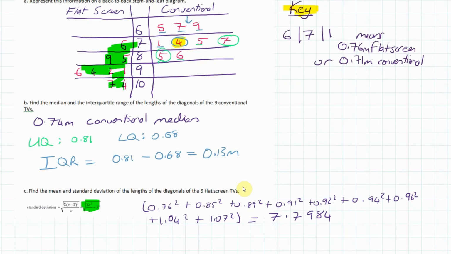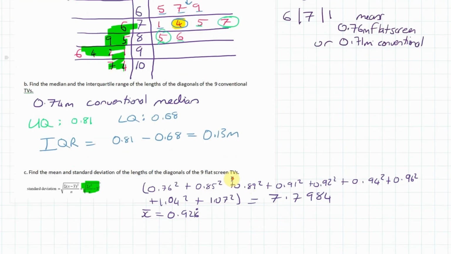Okay, so I'll do that now. 0.76 plus 0.85 plus 0.89 plus 0.91 plus 0.92 plus 0.94 plus 0.96 plus 1.04 plus 1.07, and then I'm going to divide that by 9 to find the mean, which you should know from IGCSE. So the mean, we represent it like that, x with that line over it, equals 0.926 recurring.